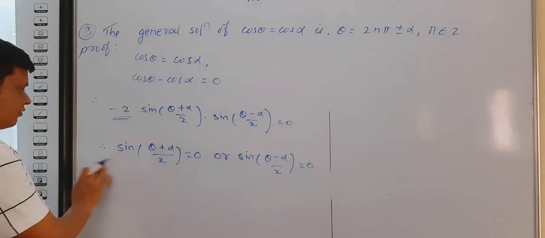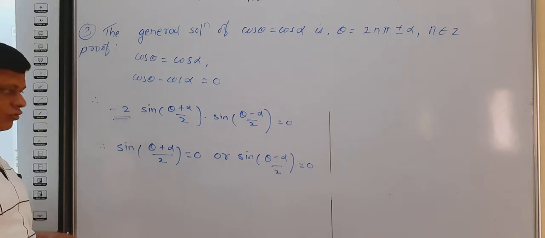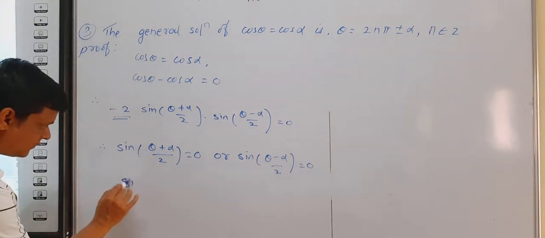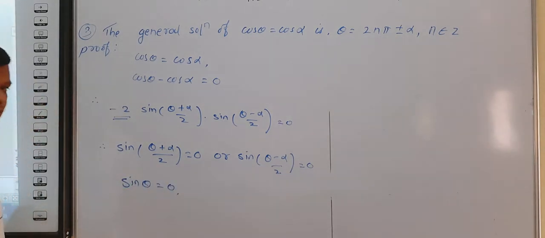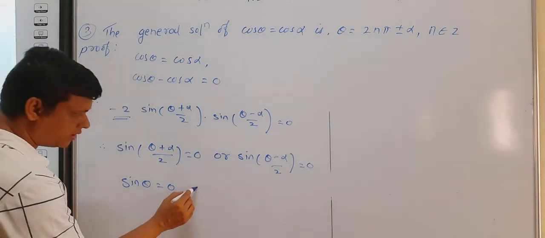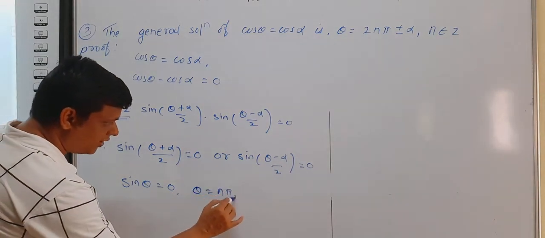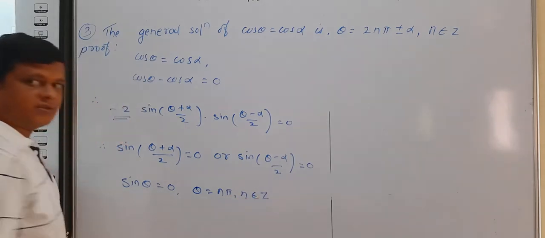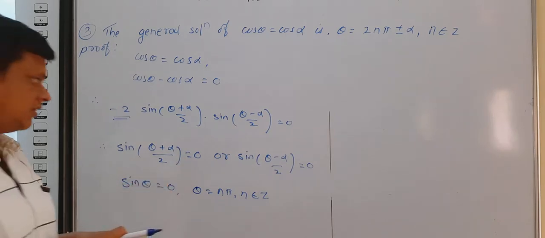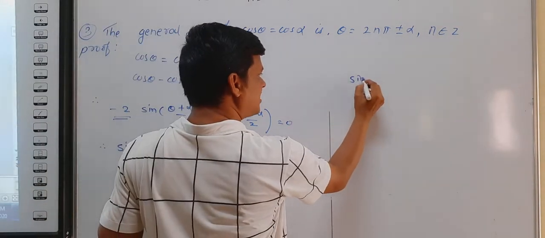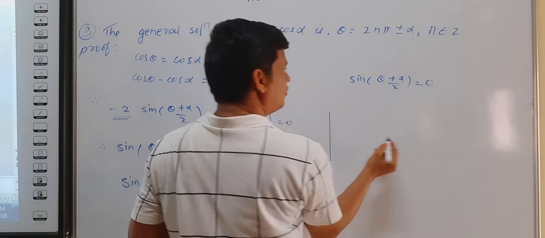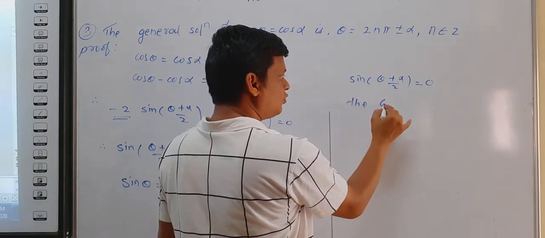Now we have to find the general solution for this, and this is of the form sin theta equals 0, and we know that for sin theta equals 0 the general solution is theta equals n pi, n belongs to z.